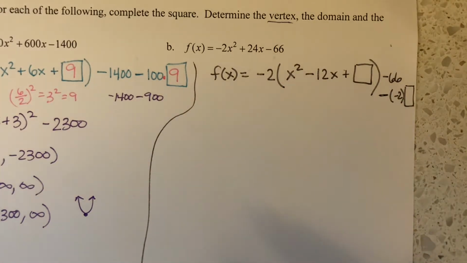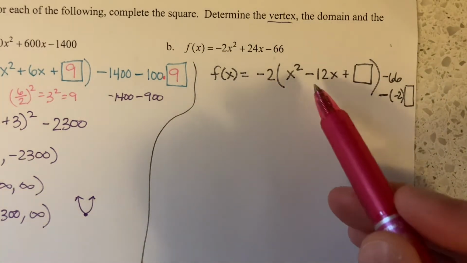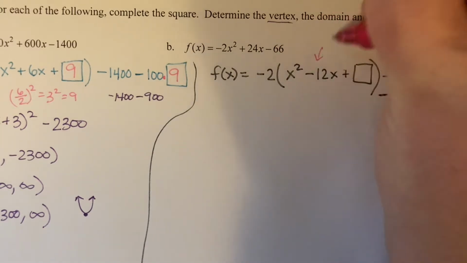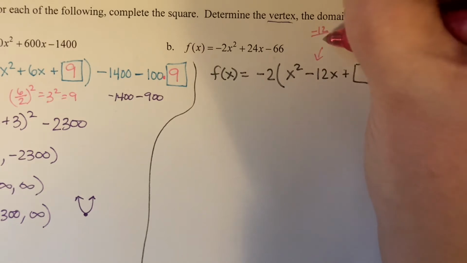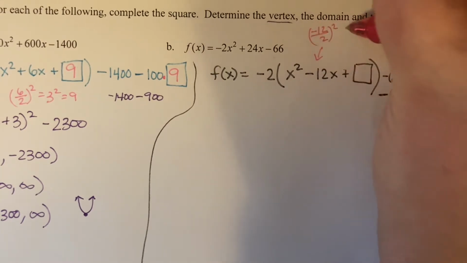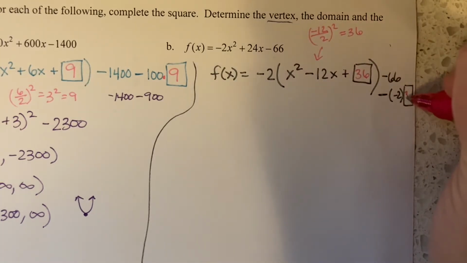But hopefully you can sort of follow along with that. Let's try it. All right, so what I need to add is negative b over 2. So negative, or not negative, it just is negative. B over 2 quantity squared is -6 squared is 36. So we have 36 here, and then 36 is going over here.